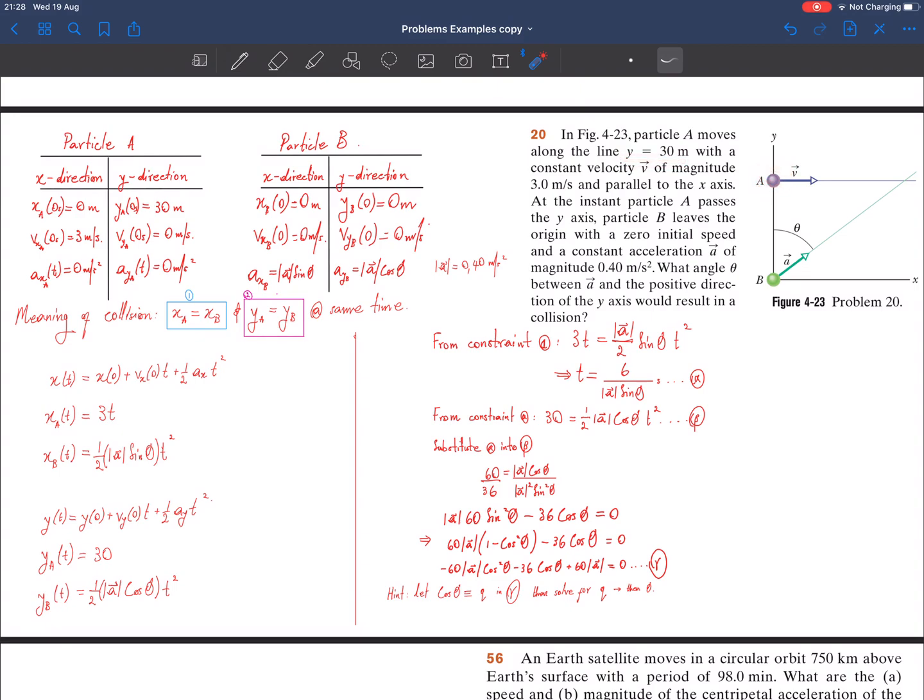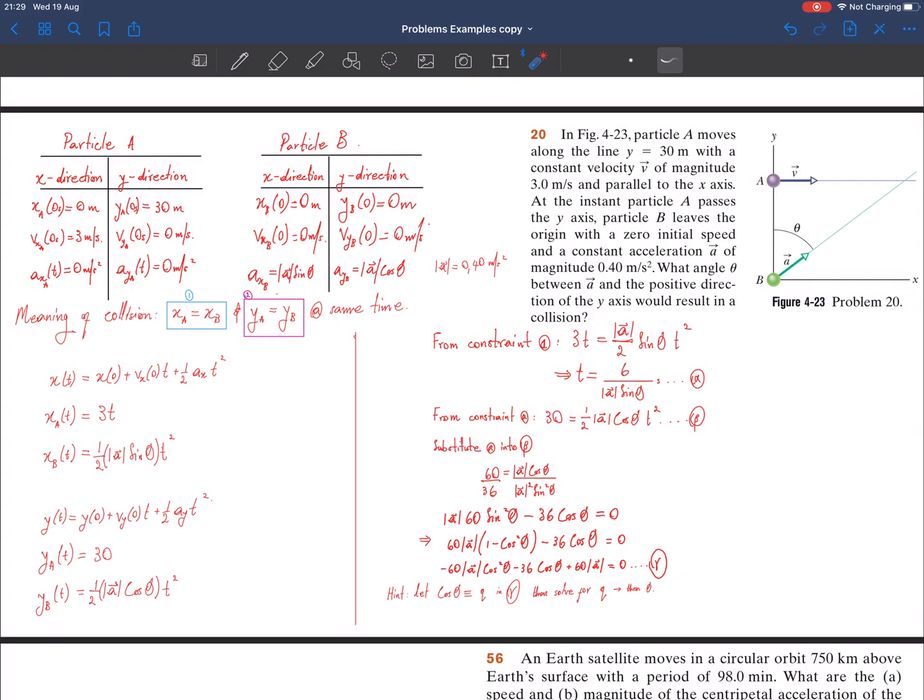That's what its initial y coordinate is, and it's moving at 3 meters per second along the x direction and not advancing along the y direction. And because it's moving at a constant velocity, we conclude that the x and y components of its accelerations are 0. This is what I've done to try to capture all the details in a nice concrete way where I could keep track of what I have and what I don't have.